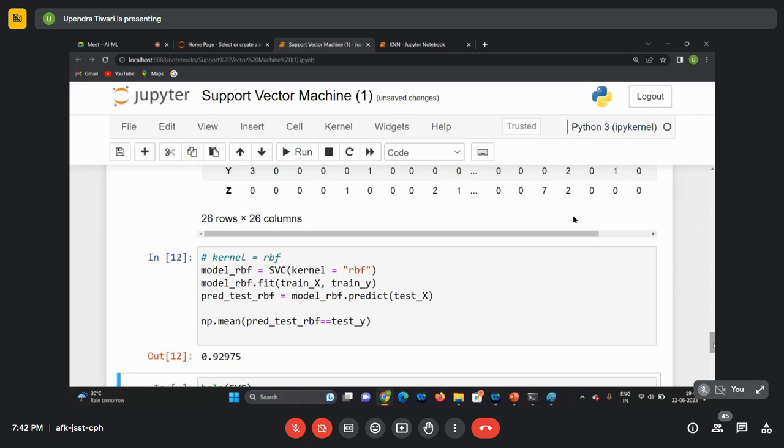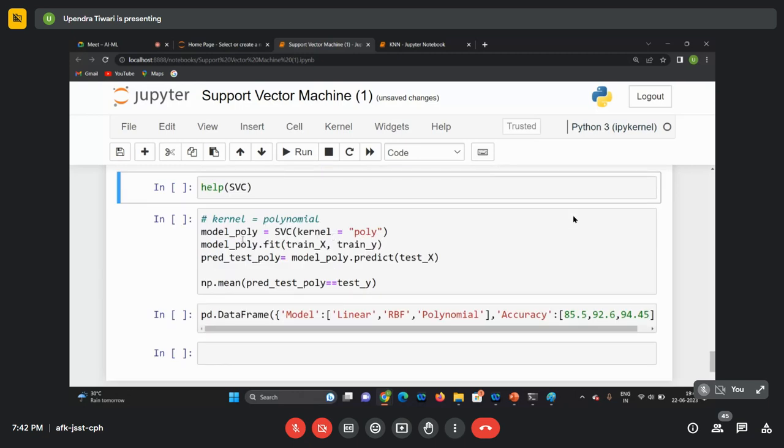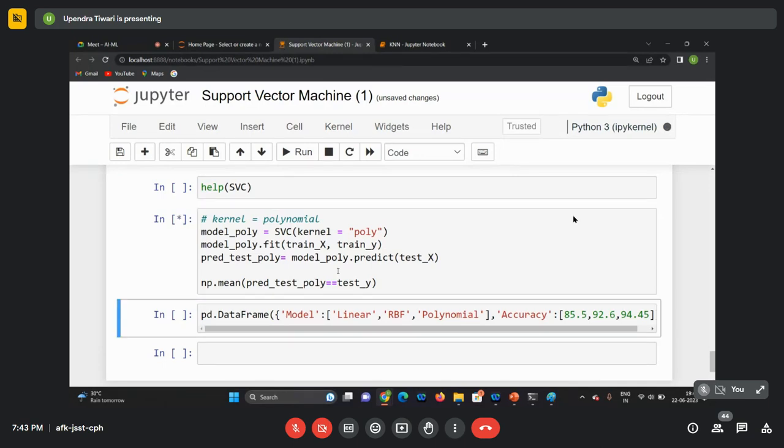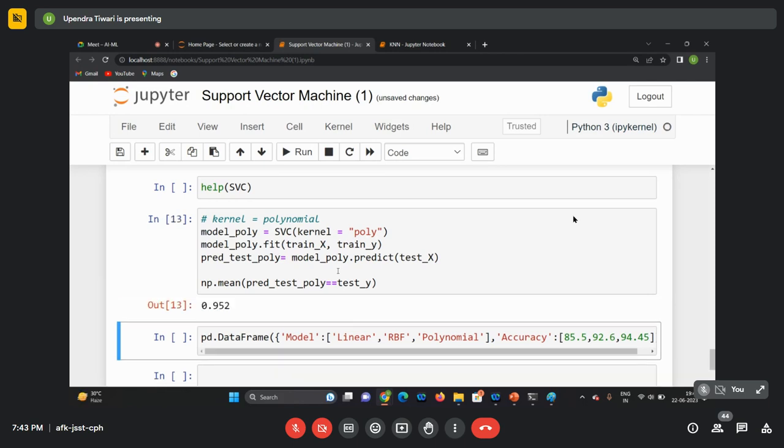Let's do it for the polynomial also. So when we took the kernel equal to polynomial, with the other remaining things the same, and built the model, we just tried the polynomial kernel, and the test accuracy we got was 95.2.